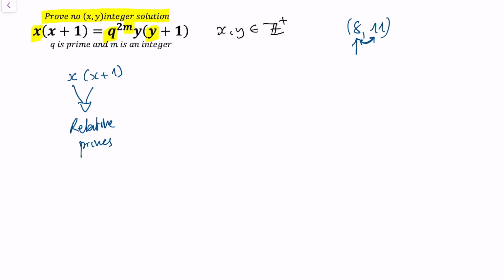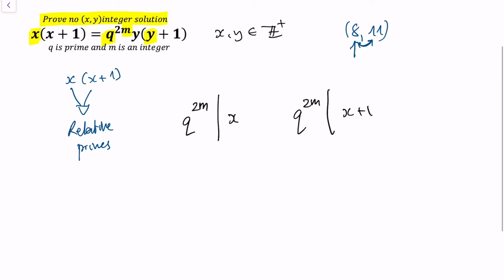Now, looking at the given equation, we must have that q to the power of 2m divides x, and we must also have q to the power of 2m dividing x plus 1. I'm simply comparing the left-hand side with the right-hand side. So it must divide that.